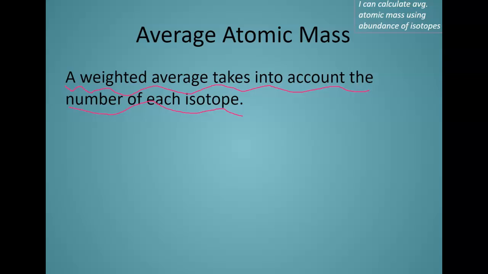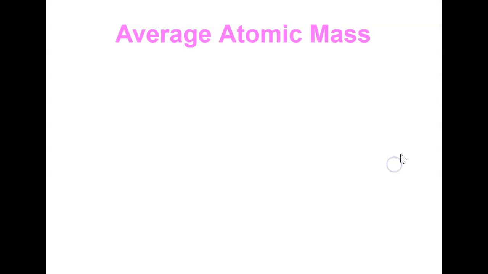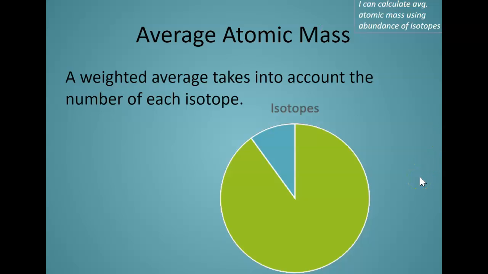All right, so before we go on to our next slide, this would be an example of lithium. Let me go back one here. This would be an example of lithium. In the case of lithium, approximately 94% of lithium is lithium-7 and approximately 6% of lithium is lithium-4.